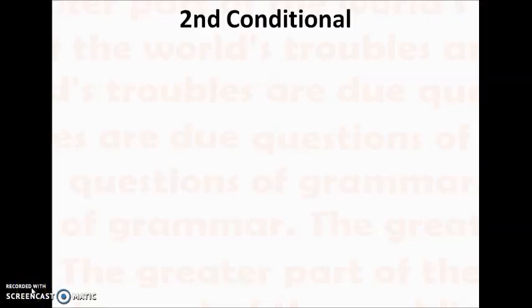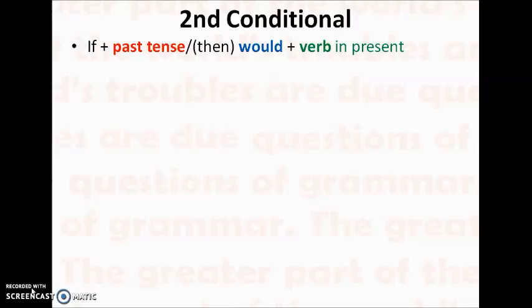In second conditional, the if part of the sentence is in the past tense, and the then part uses would followed by a verb in present tense. Instead of would, we can also use modal verbs might or could.